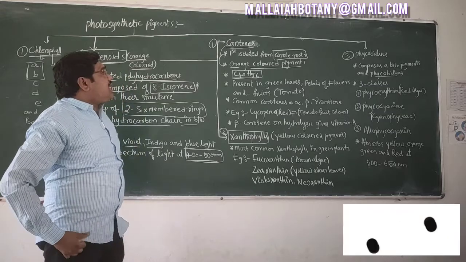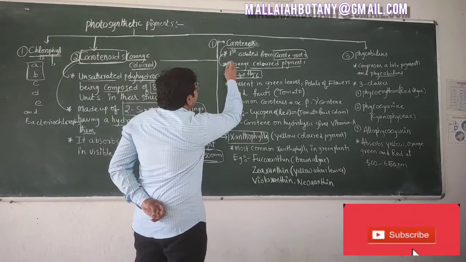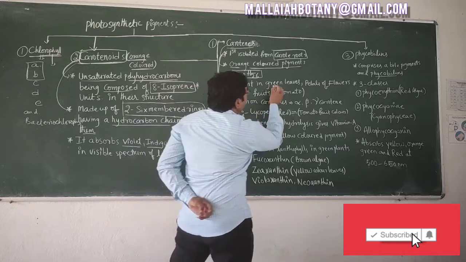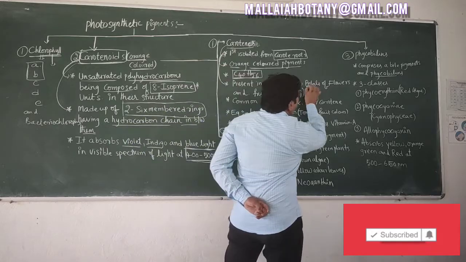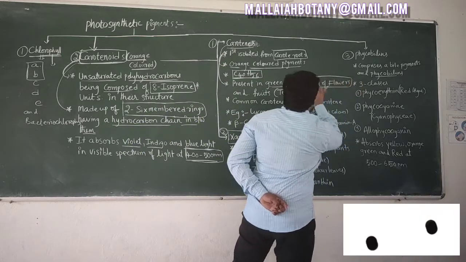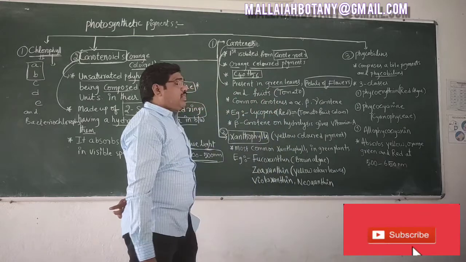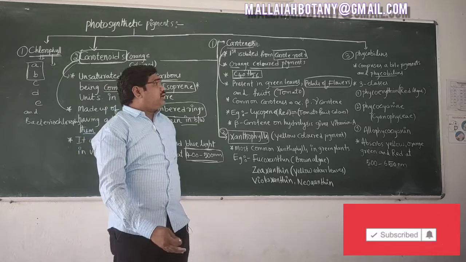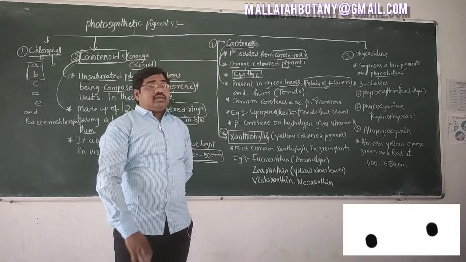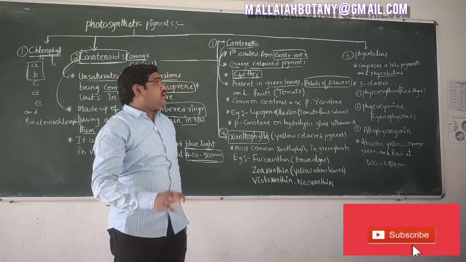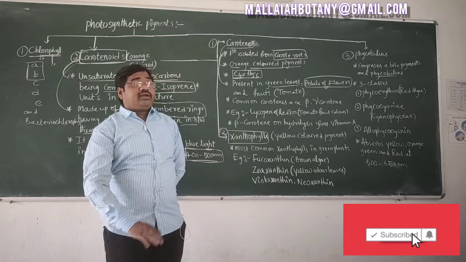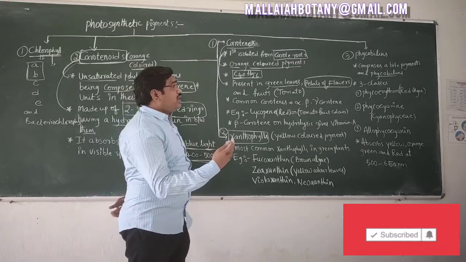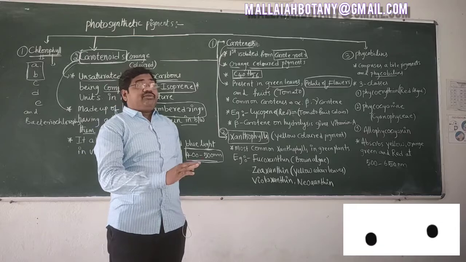The carotenes are present in the green leaves and petals of flowers. In our plant body, different types of flowers appear in different colors. Why do the petals appear in different colors? Because of the carotenoids, or carotene. Some fruits also appear in different colors.